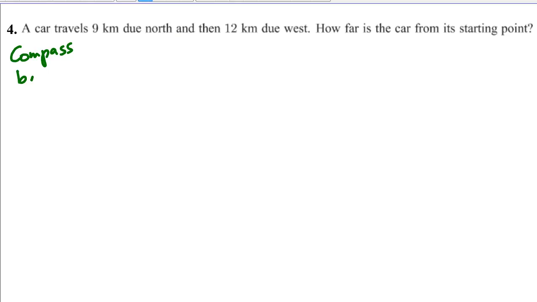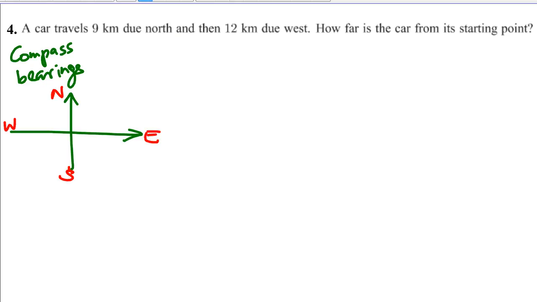So the compass bearings go this way. You have north, south, east, west. Now, that's just to remind you the idea of compass bearings, because you are going to apply that here.